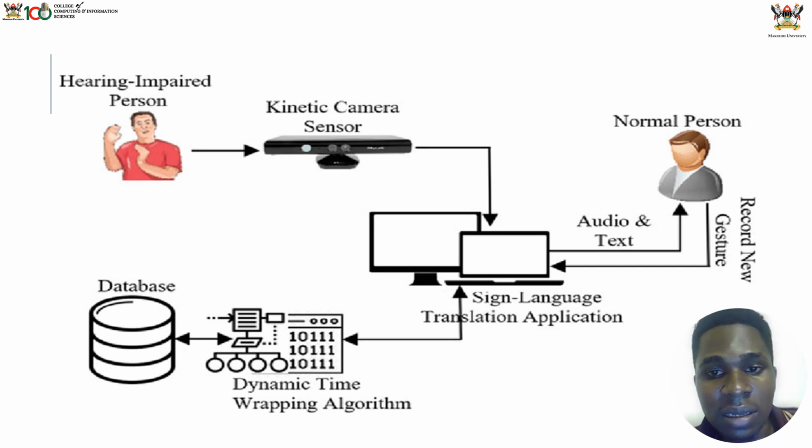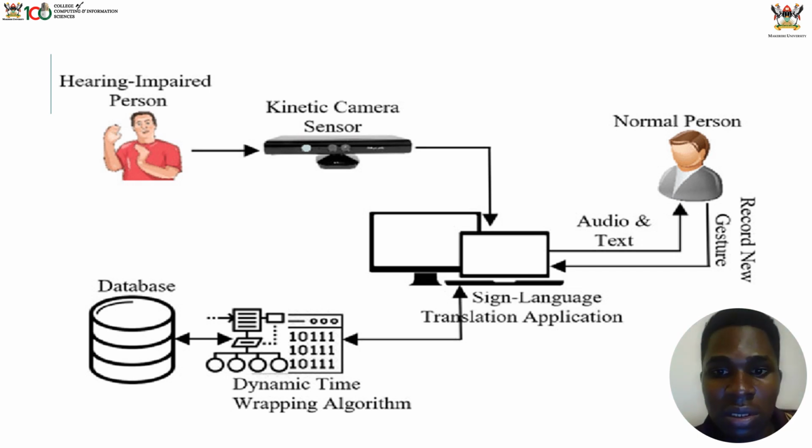So the sign language translation system is capable of translating or annotating and coming up with the text and audio that can mean what the impaired person is communicating. The text and the audio is then transferred to the normal person who can read and listen.